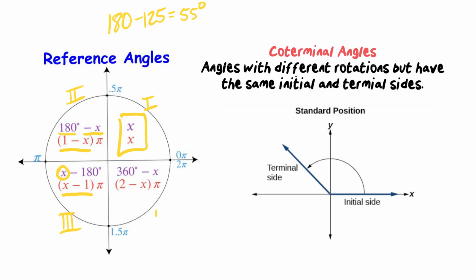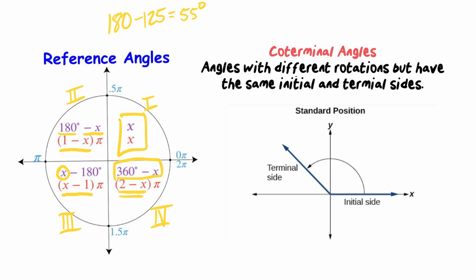And if it's in the fourth quadrant, we will take the angle measurement and subtract it away from 360 if we are in degrees. If we are in radians, we take the value 2 and subtract the angle measurement, and then we simply tack a pi onto the back of that.